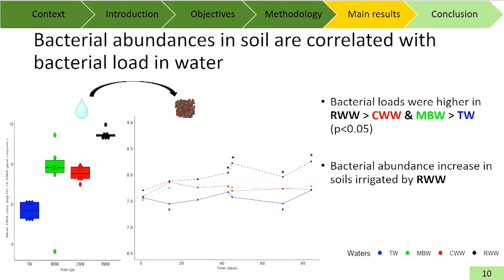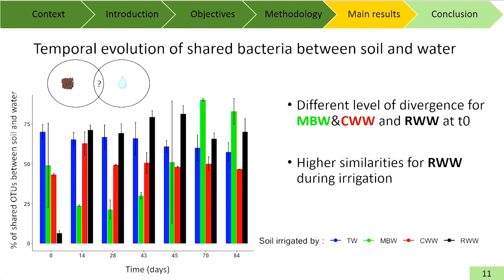The response of the soil during the irrigation period shows a little increase in soil bacterial abundance in soil irrigated by raw wastewater, but no significant increase in the 3 other irrigated soils.